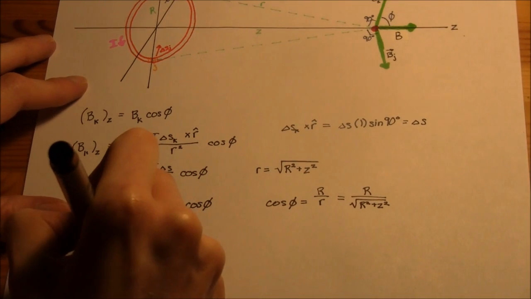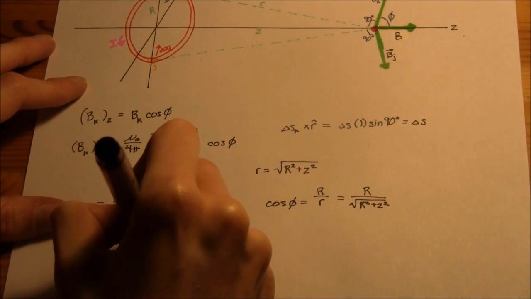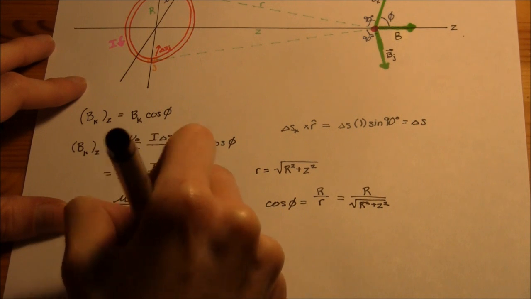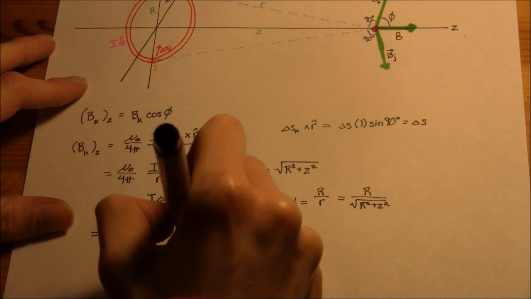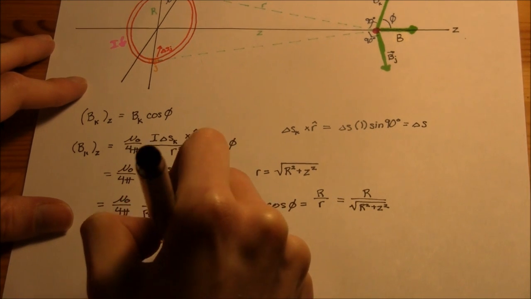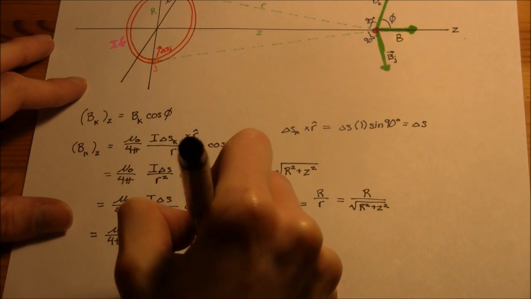So we now have mu naught over 4 pi times I delta S over R squared plus z squared times R over root R squared plus z squared.